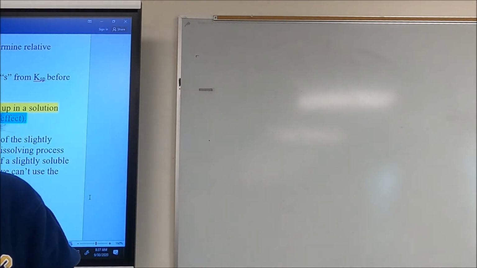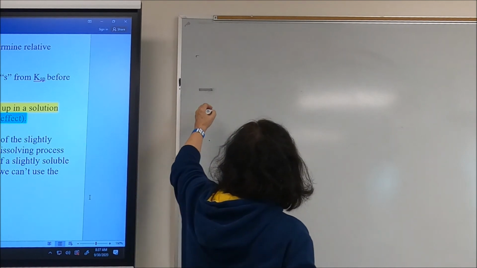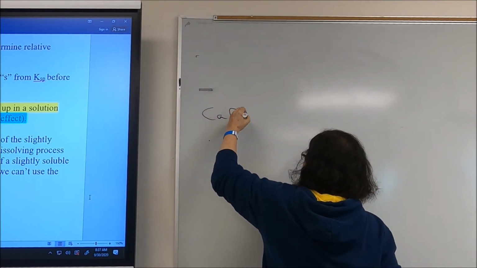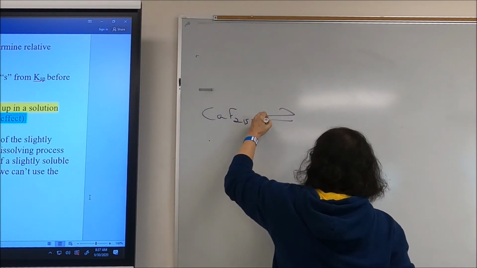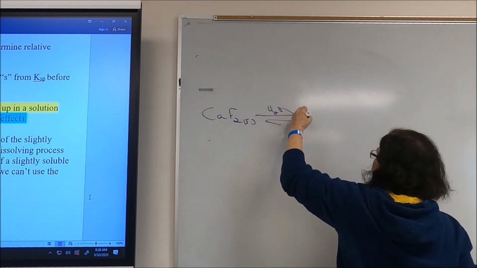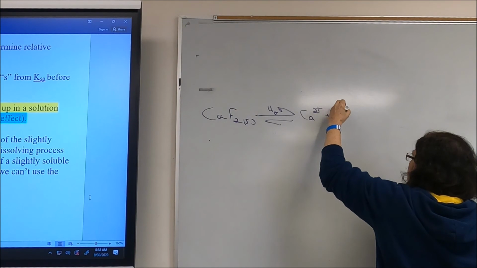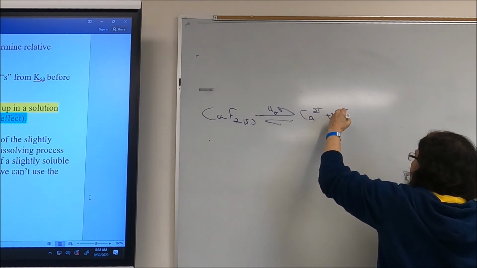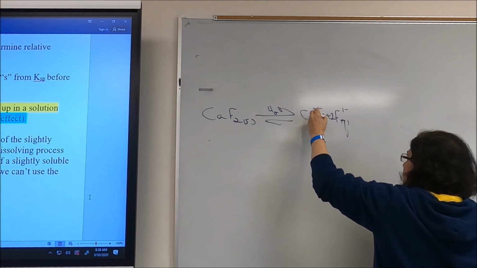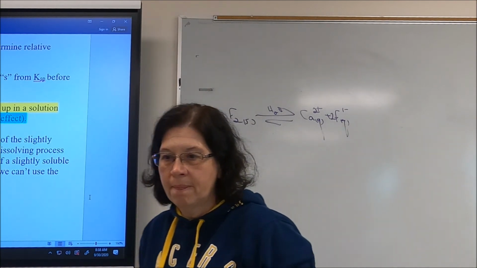In our slightly soluble salt here, it says we have calcium fluoride. So calcium fluoride solid in the presence of water is going to give me calcium 2 plus and 2 fluoride ions, 1 minus. Okay?